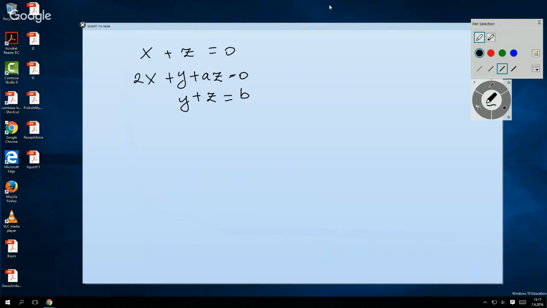How do I start solving such an exercise? For instance, I could put up the augmented matrix. Why not?